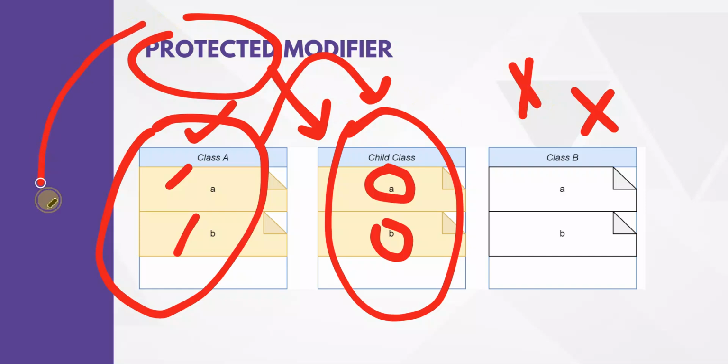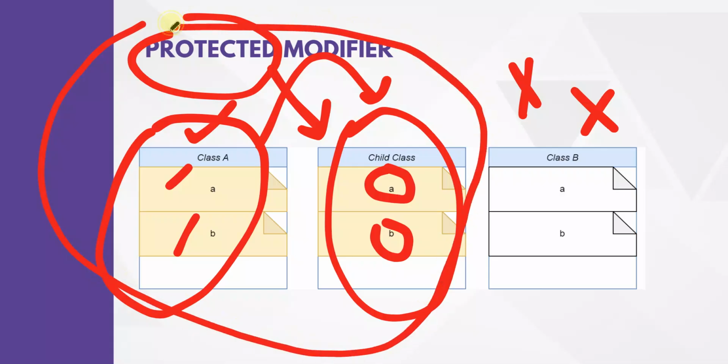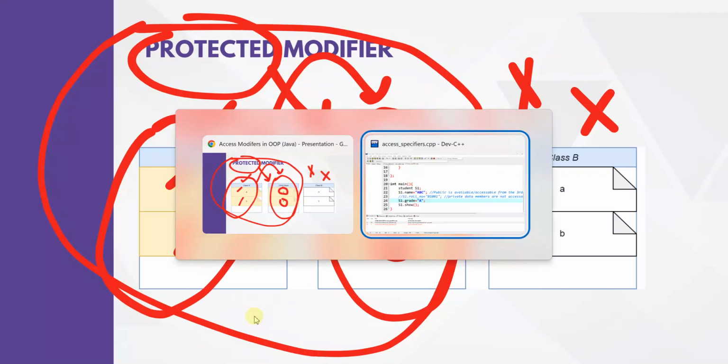So you can see over here that this is actually a relationship circle, a friendship circle where the data is shared with the close ones. Only the children are able to access the protected data member. All the other classes are not able to access that data.